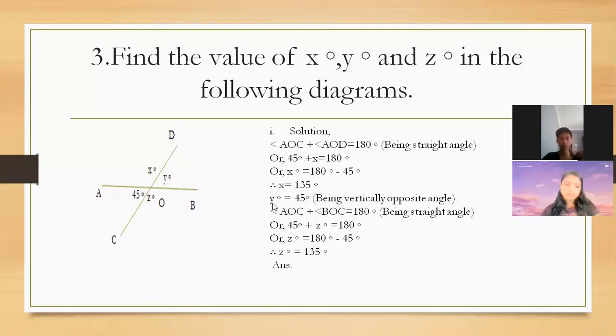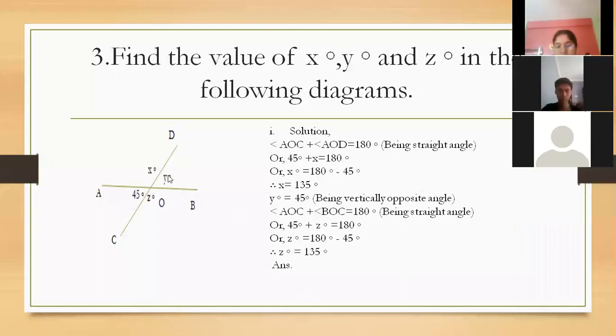Then how to find the y value? The y value will be equal to 45 degrees, being a vertically opposite angle. Okay, Ridek? Ridek, can you turn on your video?